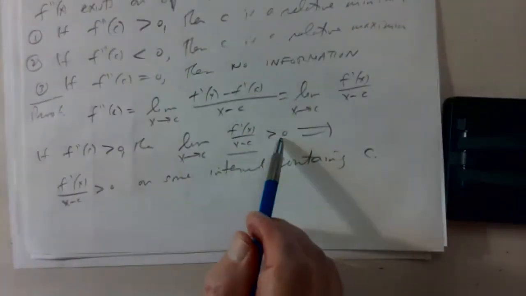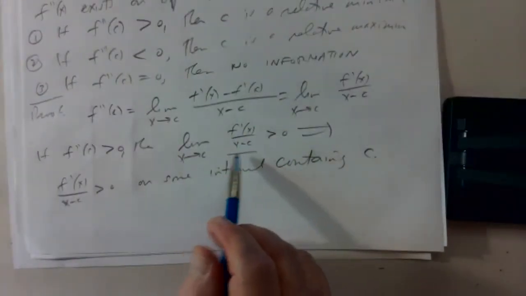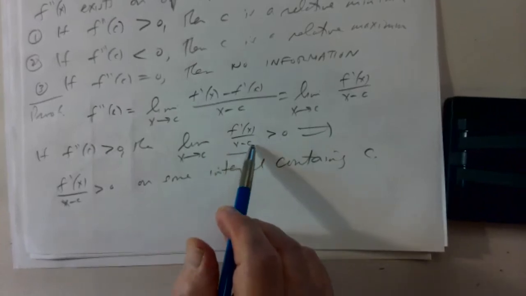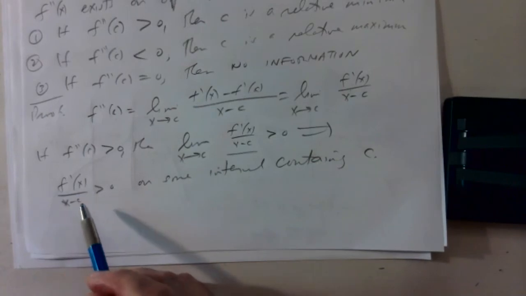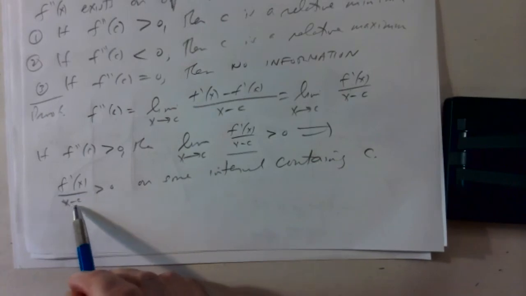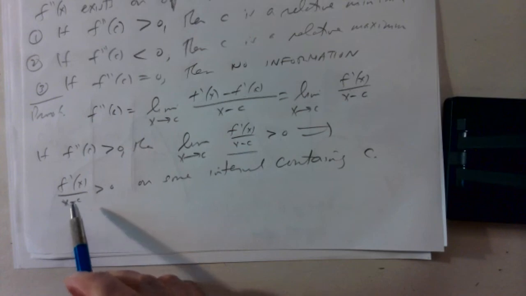If this expression is positive as x goes to c, then from some point on, if x is close enough to c, this is positive. So there's some whole little interval where f prime of x over x minus c is positive.